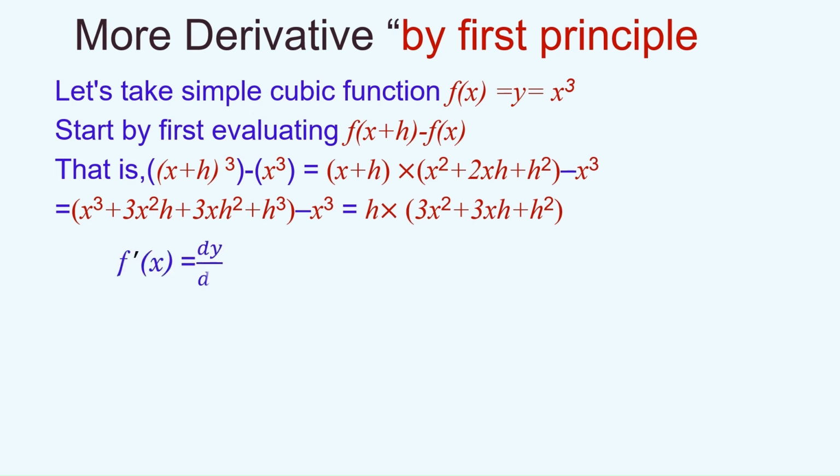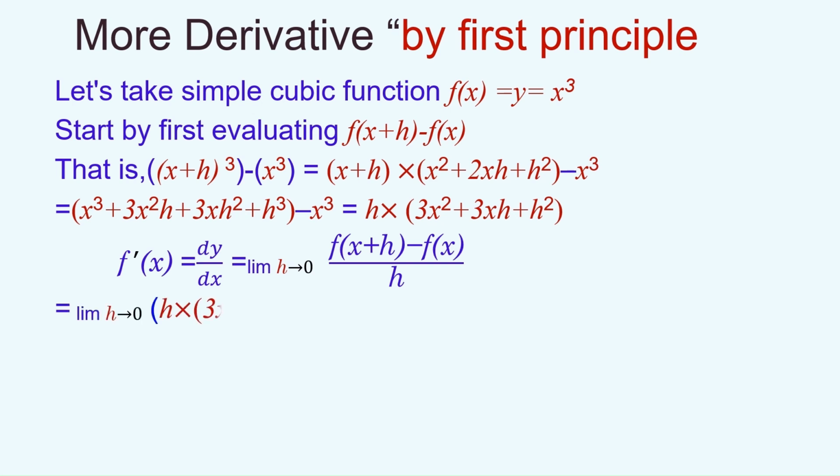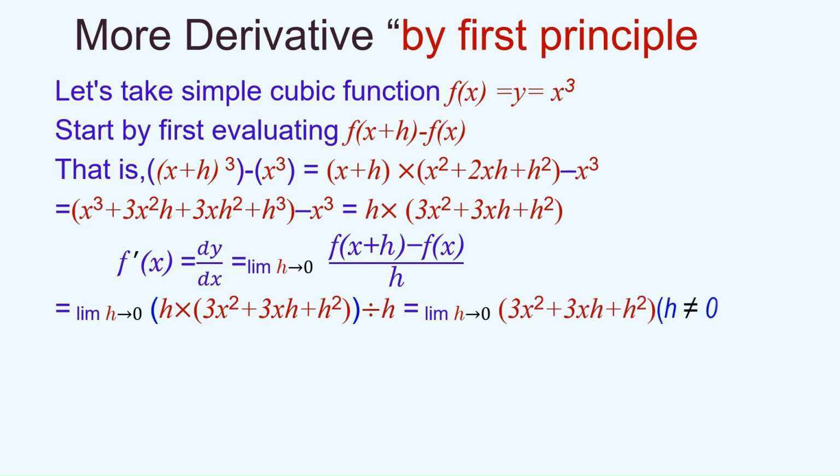f'(x) equals dy/dx equals limit h tends to 0 of (f(x plus h) minus f(x)) divided by h equals limit h tends to 0 of h times (3x squared plus 3xh plus h squared) divided by h equals limit h tends to 0 of 3x squared plus 3xh plus h squared.